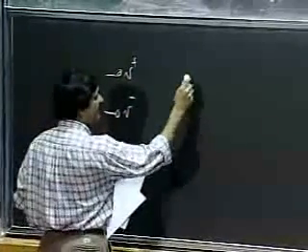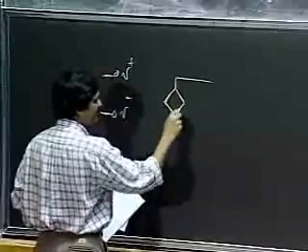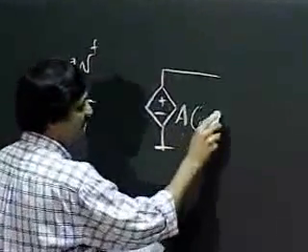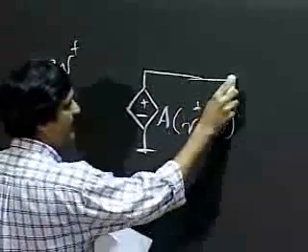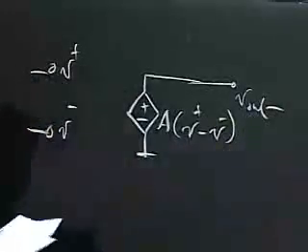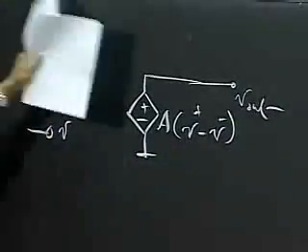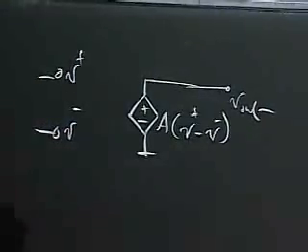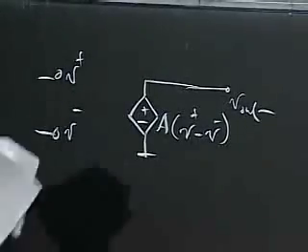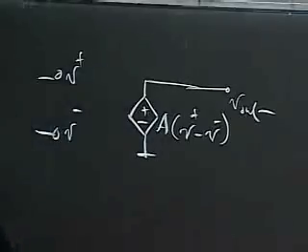the op-amp is characterized by the following circuit: A times V plus minus V minus, and V out. So this is the equivalent circuit of my op-amp. And let me just impose that external circuit on this op-amp.